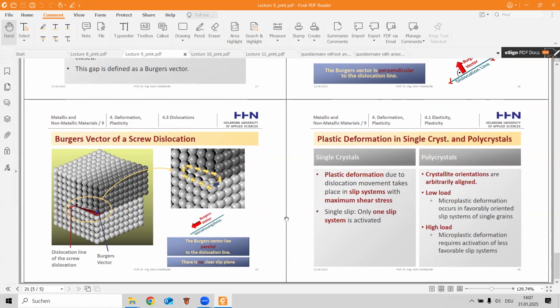Screw dislocation: so here is the dislocation line of the screw dislocation, and here is the Burgers vector. For a screw dislocation, the Burgers vector is parallel to the dislocation line. There is no clear plane.